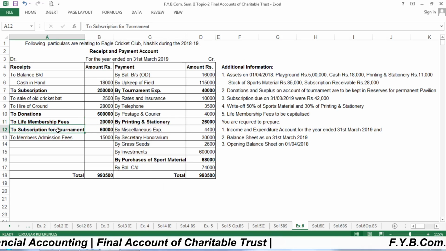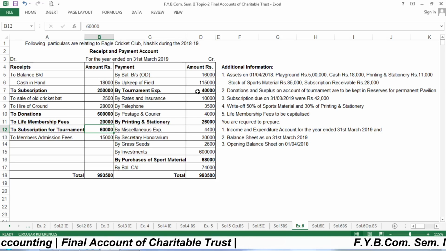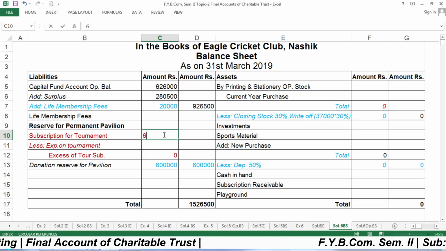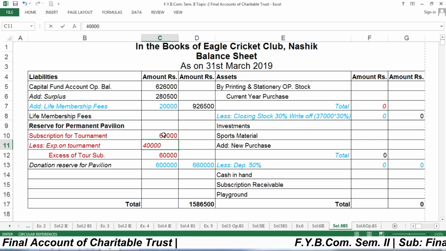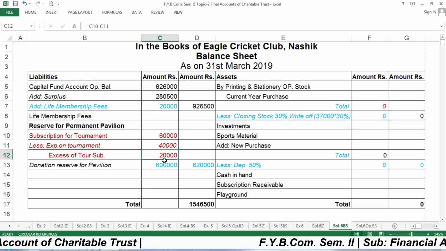After that, subscription for tournament fee is of rupees 60,000. We received a subscription for tournament of 60,000, against which we have paid 40,000 for expenses. That means on the liability side, we have to mention subscription received for tournament 60,000, against which expenses of rupees 40,000. That means we have an excess of subscription for tournament of rupees 20,000.